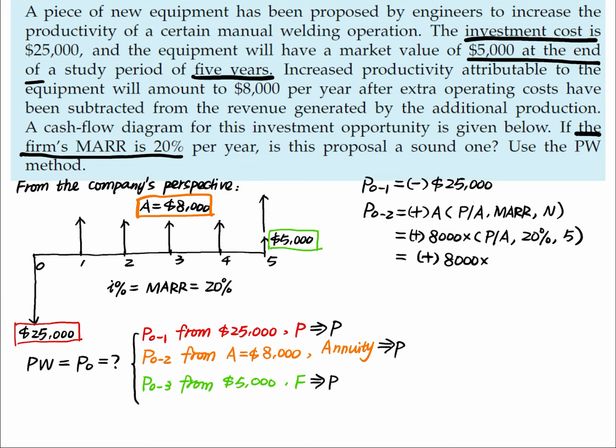So it is positive 8,000 times 2.9906, which is positive 23,924.8.